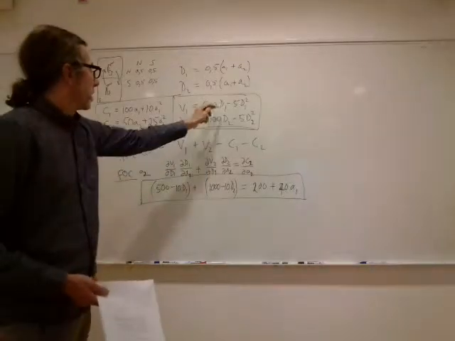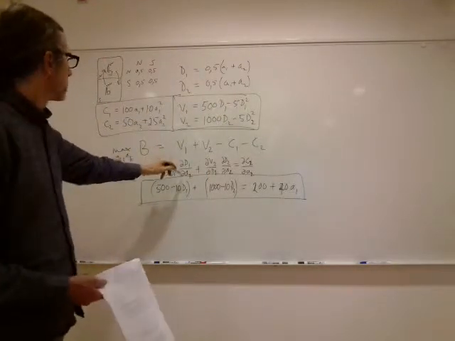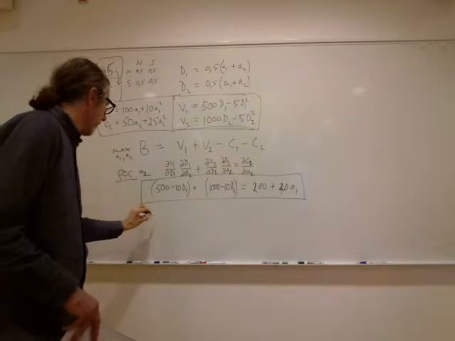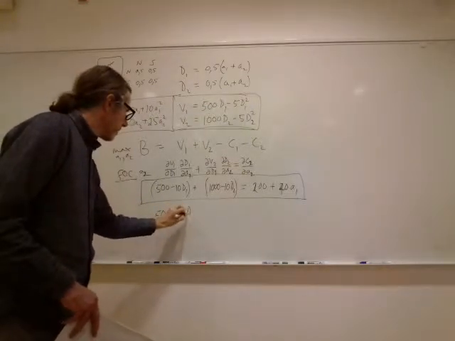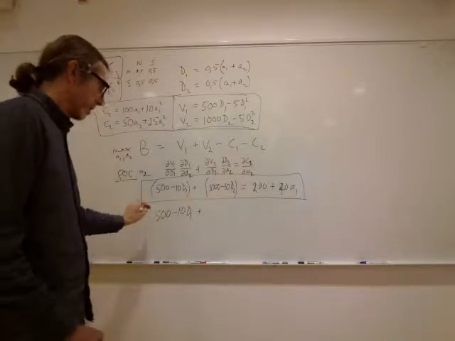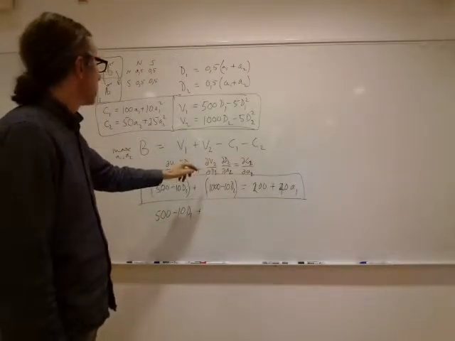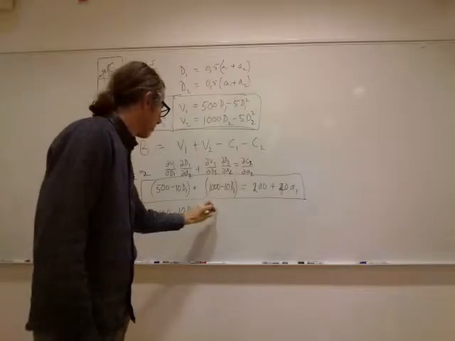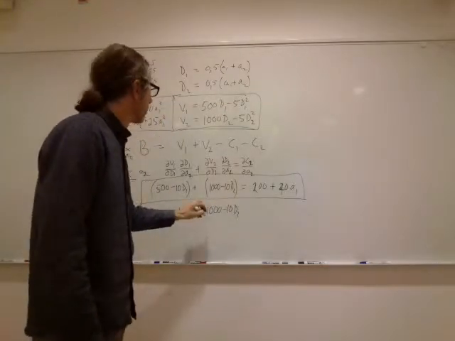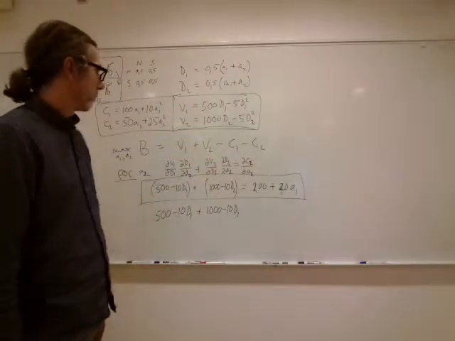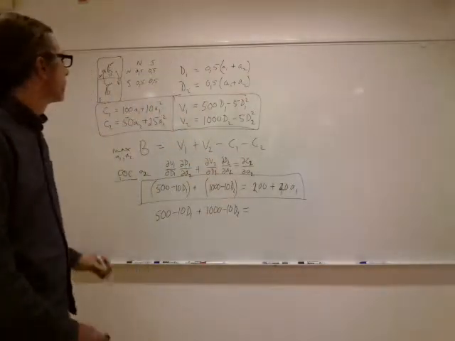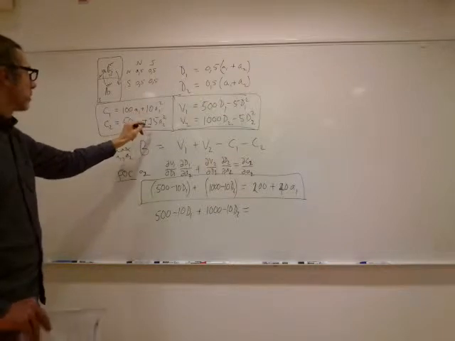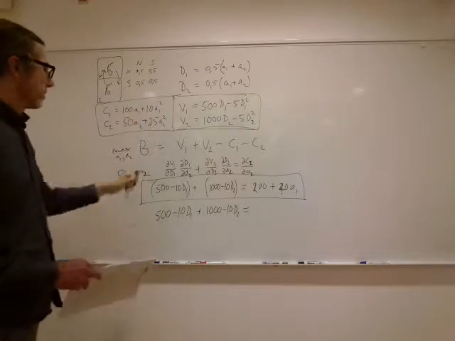Then we get 500 minus 10 D1 times dD1/dA2, which is half, plus 1000 minus 10 D2 times a half, equal to dC2/dA2, which is 50 plus 50 A2.